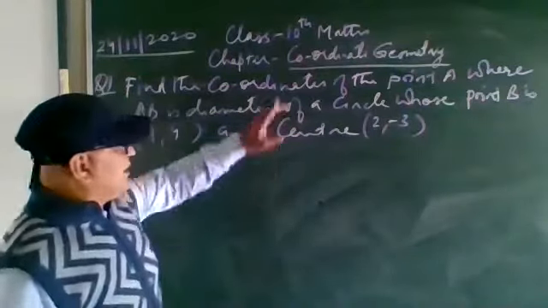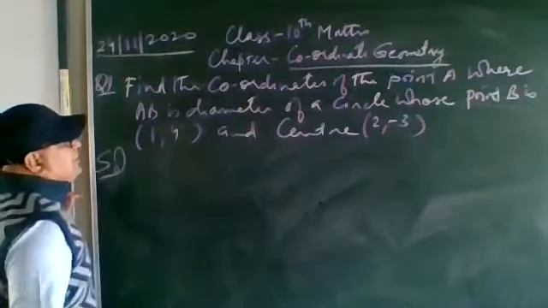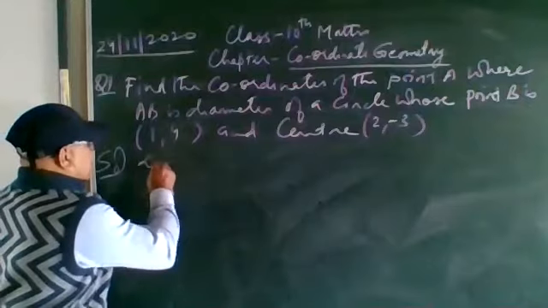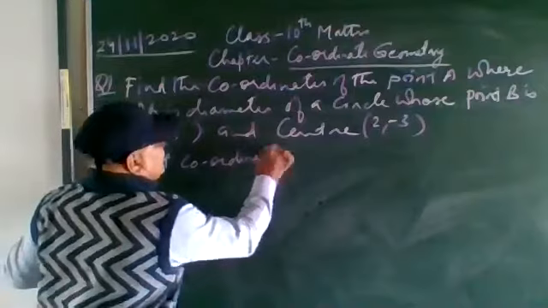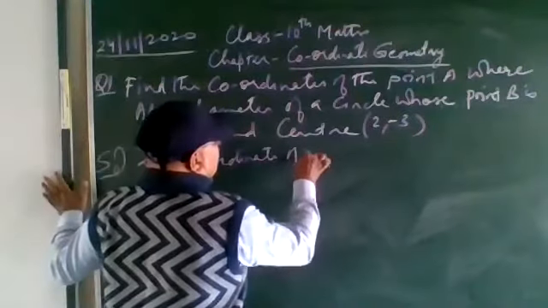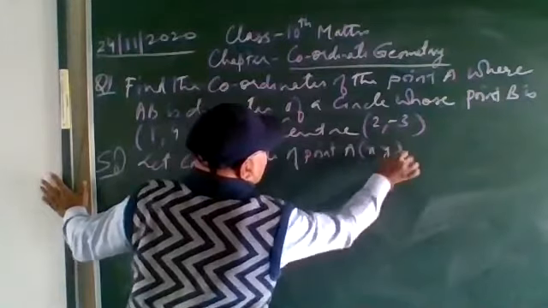Now find the coordinates of the point A. So first of all, the coordinates of point A, x1.